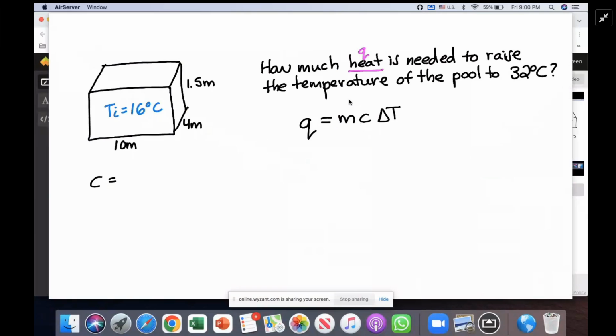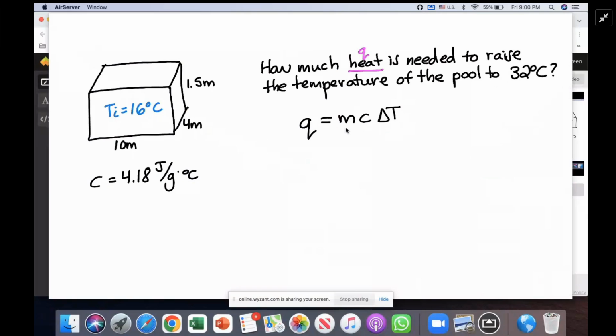I just happen to have this memorized. It's 4.18 joules per gram degrees C. What this tells me is that I need to have my mass in grams and my temperature in degrees Celsius. And finally, the change in temperature, where we have an initial temperature and a final temperature. So that one's the easiest of the three.